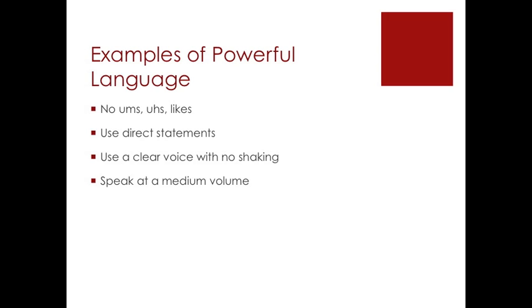Sometimes it would seem that speaking at a louder volume would make you seem more powerful, but oftentimes when you speak at a loud volume, you seem out of control. And if you want to be seen as powerful, you don't want to be seen as trying too hard. So this medium, even tone is what's used when trying to convince people of your own power.